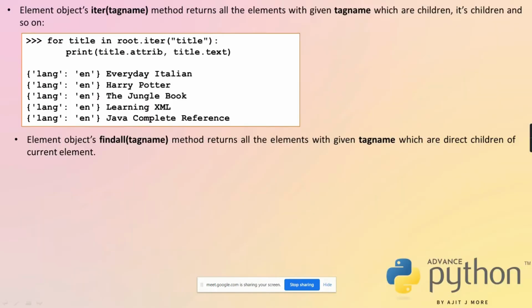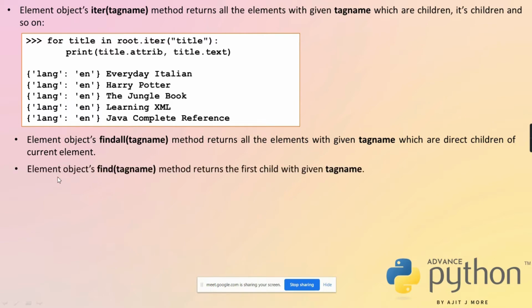So the Element object's findall method returns all the elements with the given tag name which are direct children, and the find method, again with a tag name, returns only the first child with the given tag name.